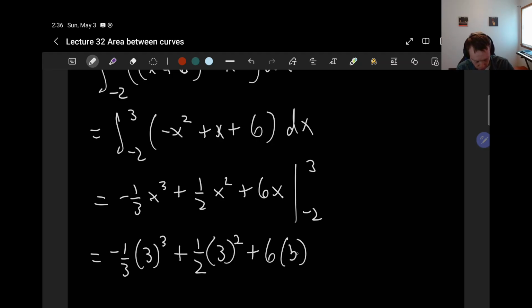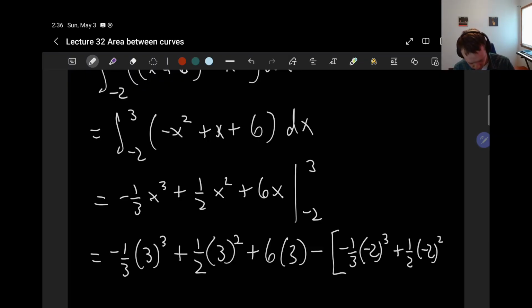Right, plugging in 3 here. Then minus, now we plug in negative 2. Plus 6 times negative 2. All right.